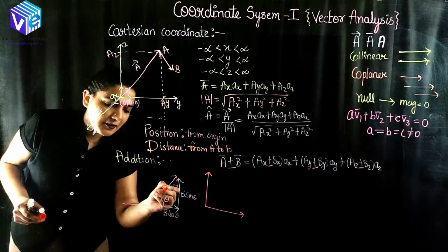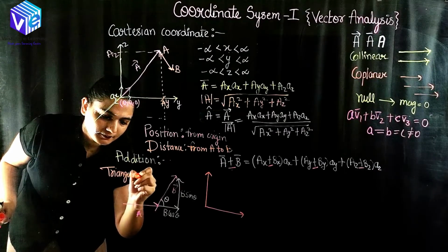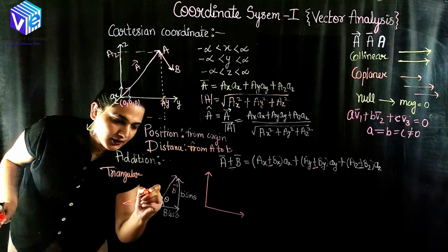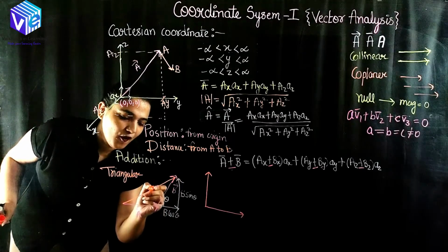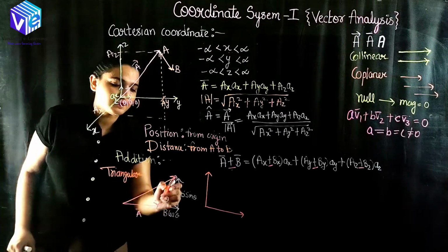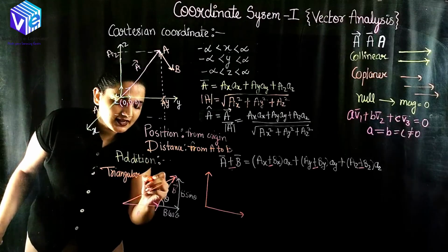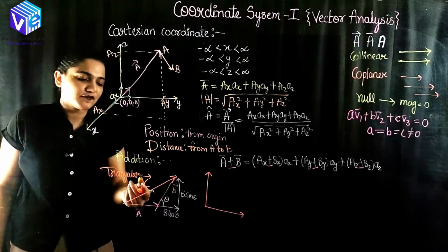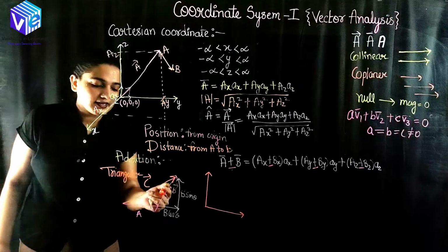In this case I will apply the triangular law. According to the triangular law, A is represented by the first side of the triangle, B by the second side, and C by the third side, and C is the summation of vector A and vector B.